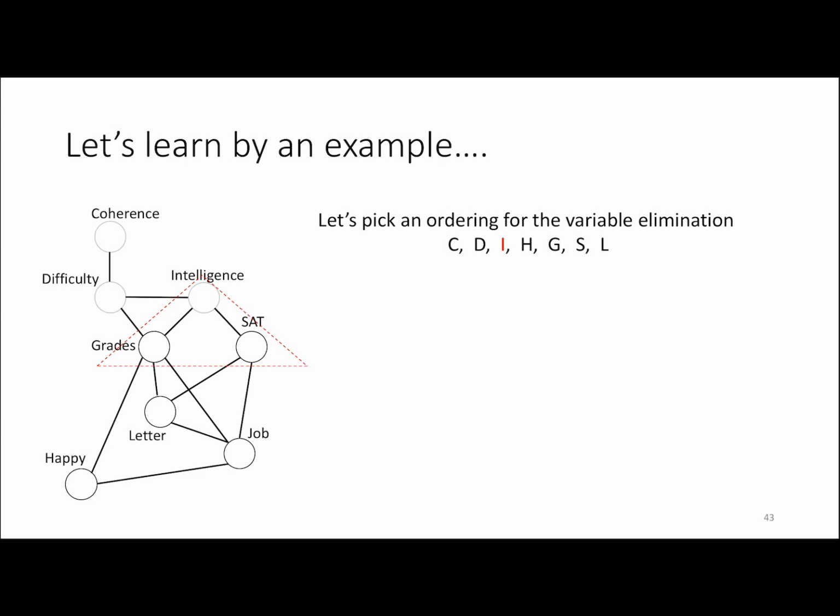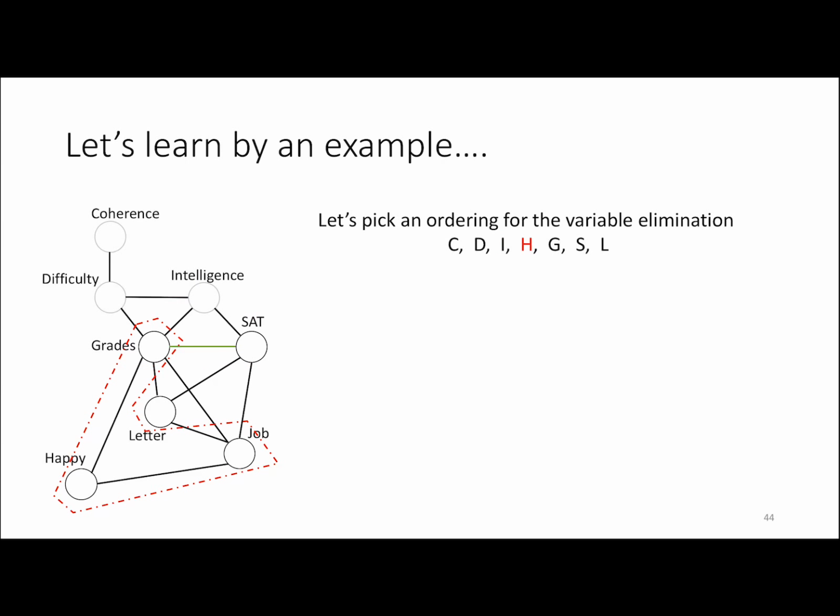Remember, C is already removed, D is already removed, and you are about to remove I. Everything, grade and SAT, right? Because you are getting rid of I, so in the resulting graph there is no I. If I just naively remove it, there is no connection between these terms while they have a joint term. So I have to connect them to each other.